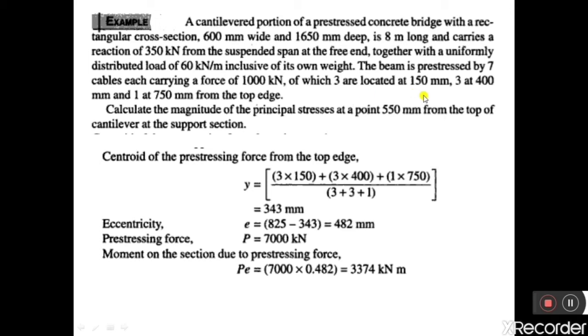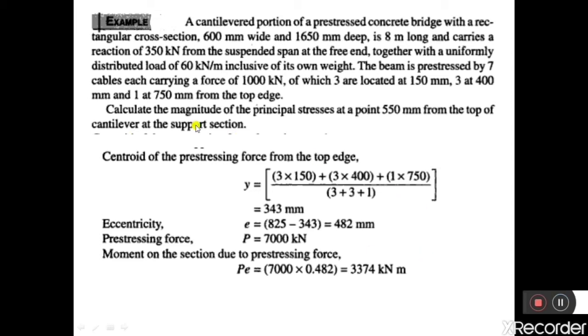There are 7 cables, and each cable is carrying a pre-stressing force of 1000 kilonewton. And for this member, we need to calculate the principal stresses at a distance of 550 mm from the top edge at the support section.